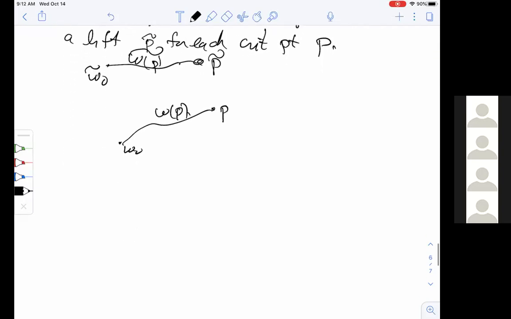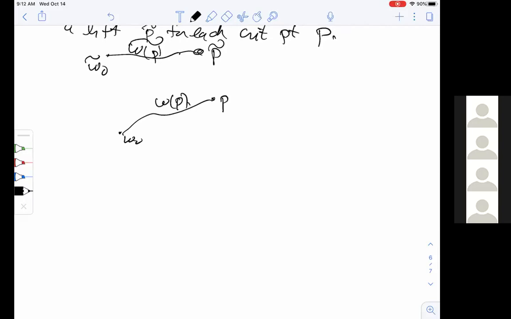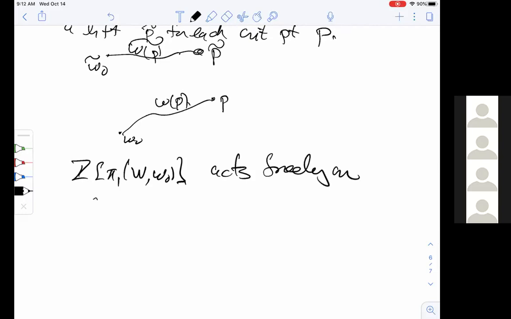Okay. So the fundamental group acts by covering transformations on the universal cover, and it acts freely on critical points of index k.